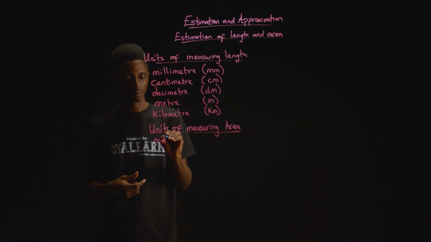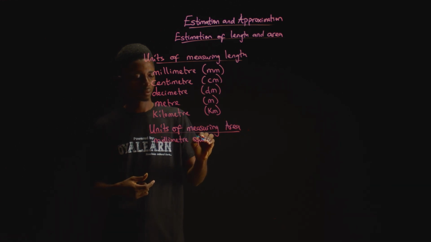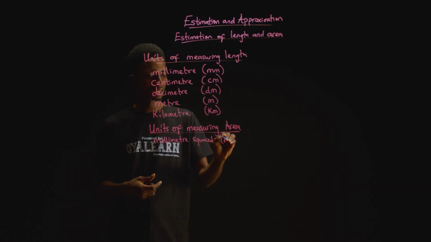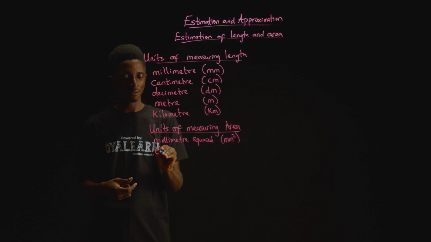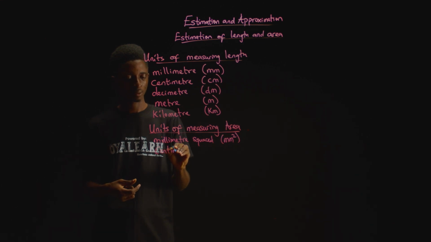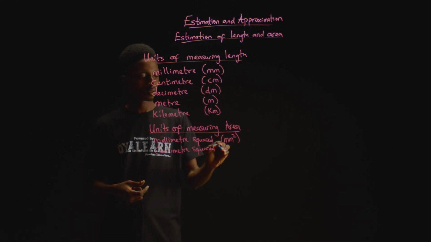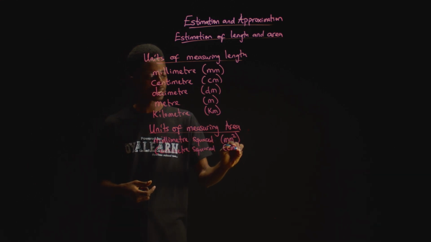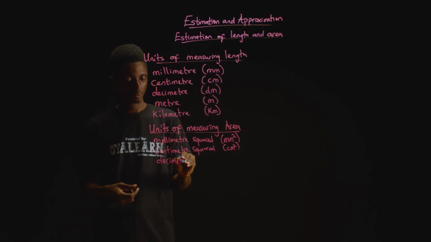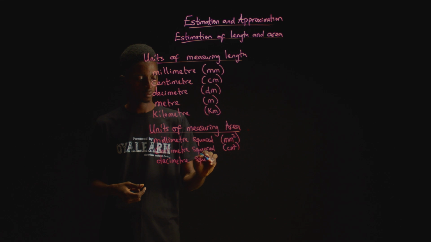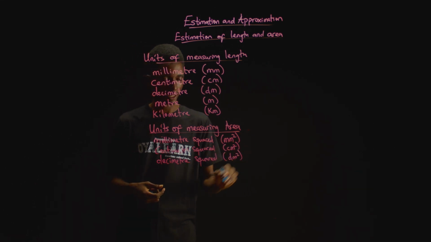So if you're trying to estimate the area of a surface, you can estimate it in millimeters squared, that is mm with the power of 2. We also have the centimeter square, that is cm squared. Then we have the decimeter squared, written as dm squared.